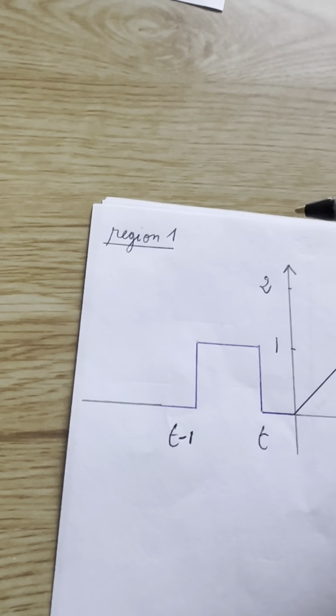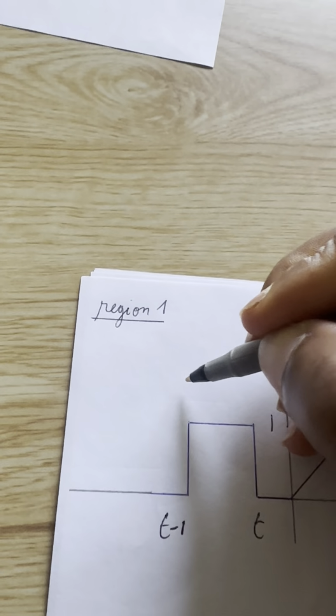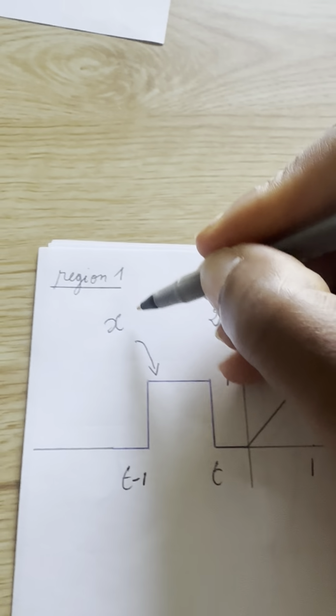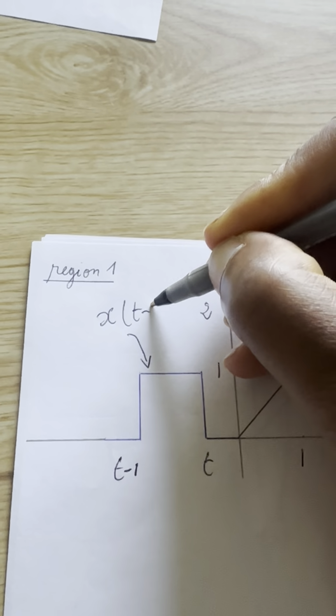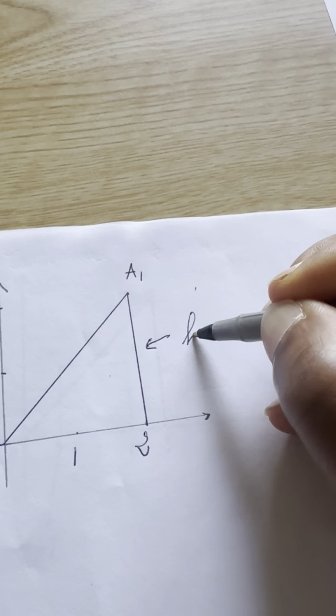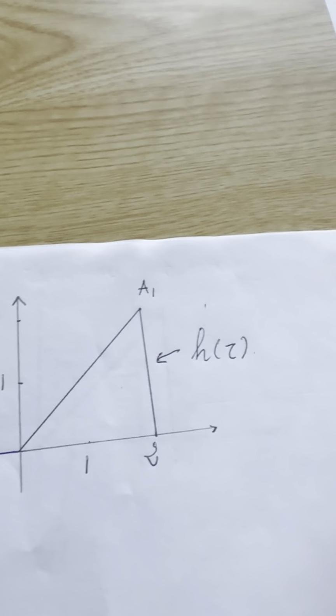So this one is x(t minus tau), and this graph is h(tau).